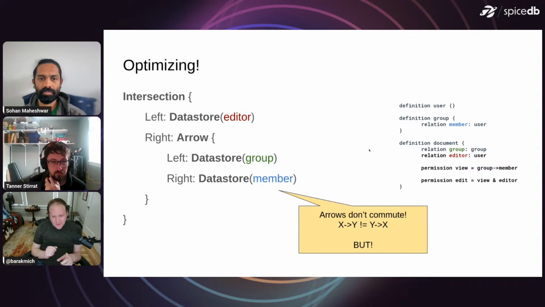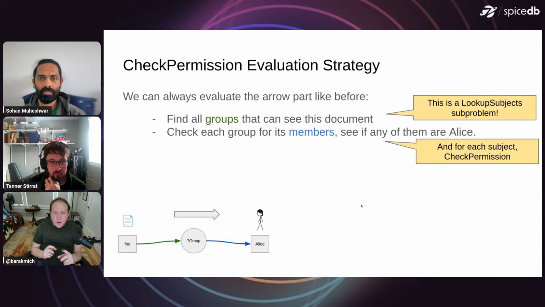But, and this is the next slide, we can think about how we're going to evaluate this. We start with some document, we find all the groups that can see this document, and then we check whether Alice is one of the members of that group. So we have this evaluation strategy, which is to do it in this forward direction, which is what we always do, by the way. Currently in SpiceDB, it's always forward. And so we do this logical check.